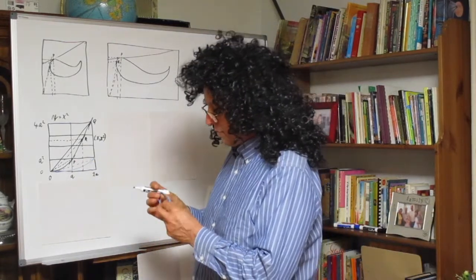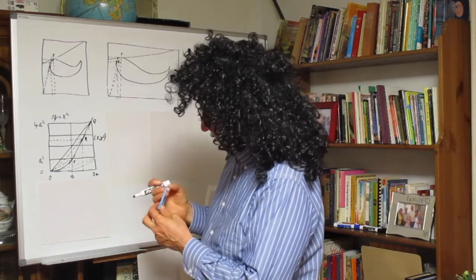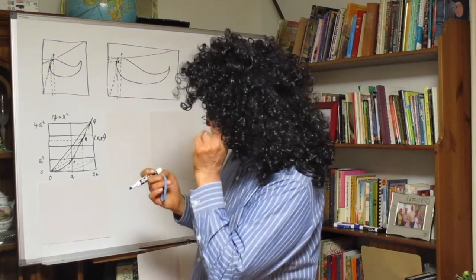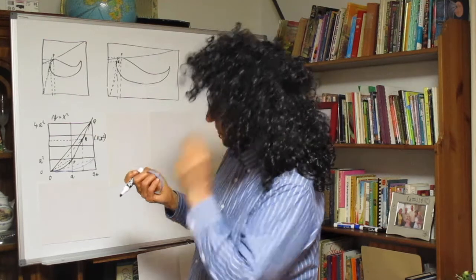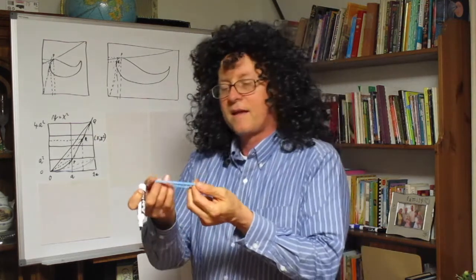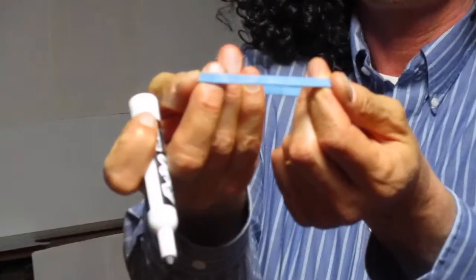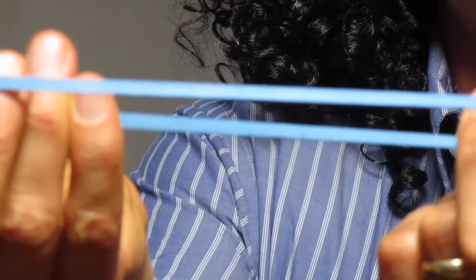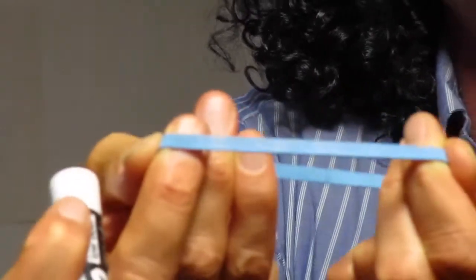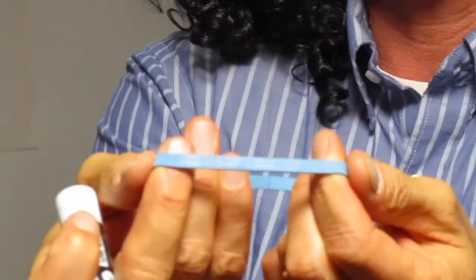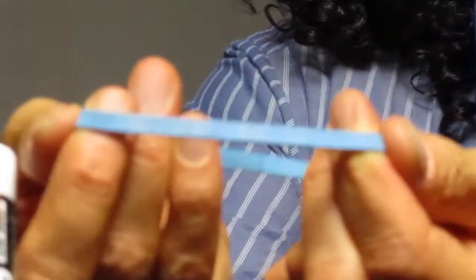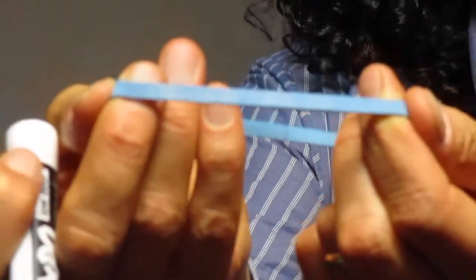And here's a rubber band. And unfortunately, it's got some writing on it. I don't know if you can see it. Can you see this? Is it focused? Can you see the writing on it? Kinda. I don't know. I wish I had it better. Move it closer or further.